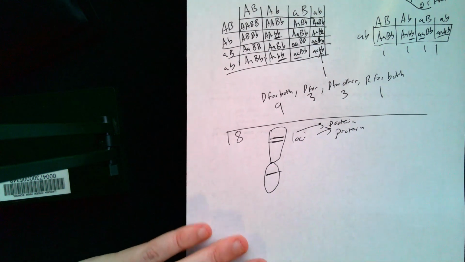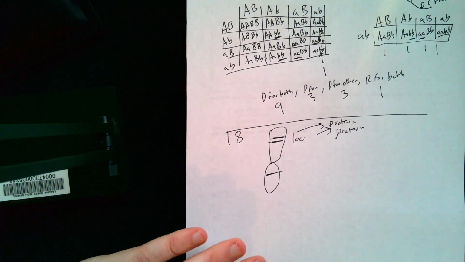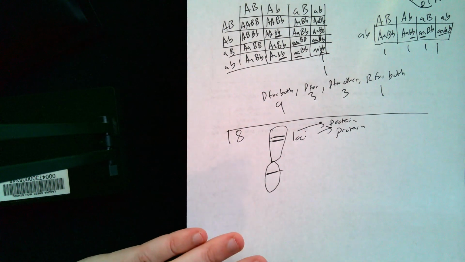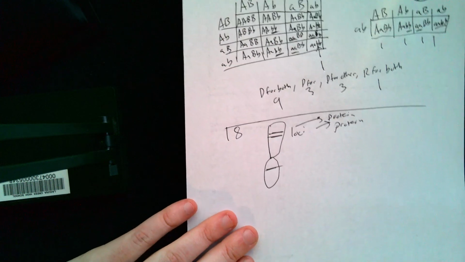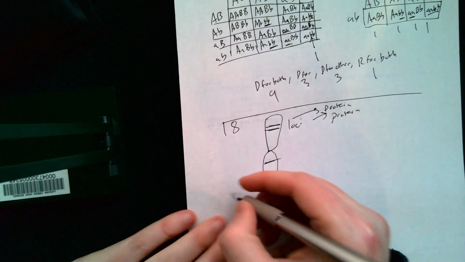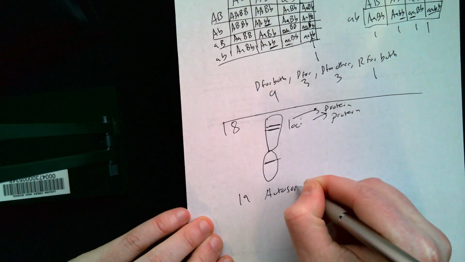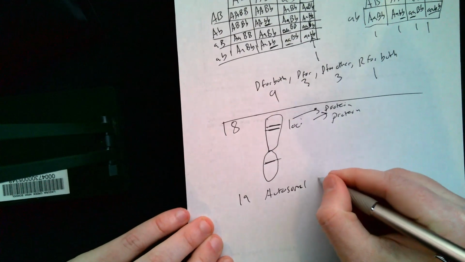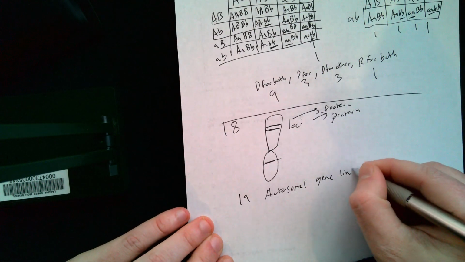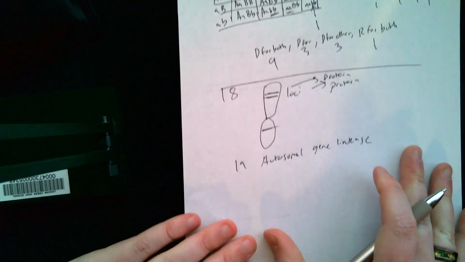This can happen in any animal, but it happens in humans as well, where they're close together, so you see similar genes. That leads us to gene linkage. This only happens with autosomal chromosomes, right? Because that's where we can see it.